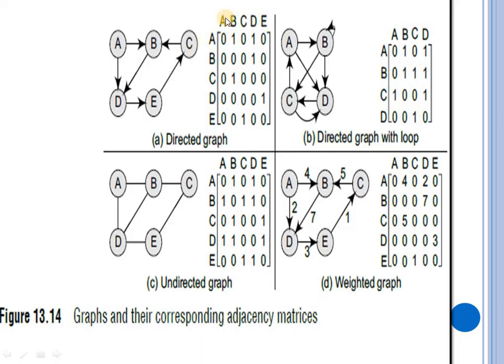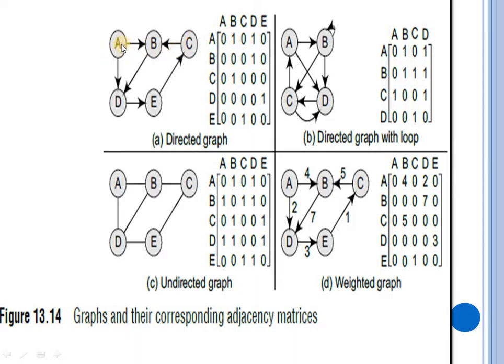Here A to A, we do not have any edge or loop, so we put 0. Now A to B we have an edge, so here we put 1. Now A to C, we do not have a direct edge, so we mention 0 here.